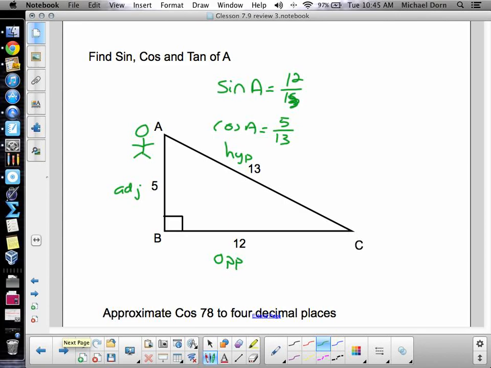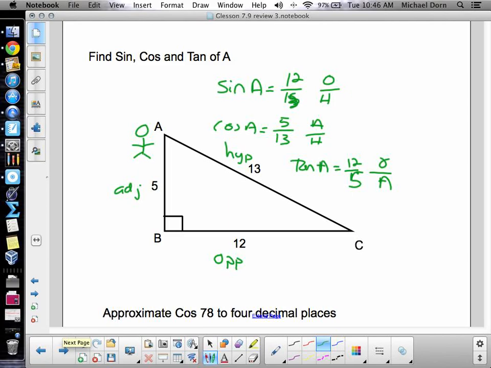And tangent of A, 12 over 5. Yeah, opposite over adjacent. Okay. So it's opposite over hypotenuse, adjacent over hypotenuse, opposite over adjacent. That's the way it works. SOHCAHTOA. Just set up the ratios.